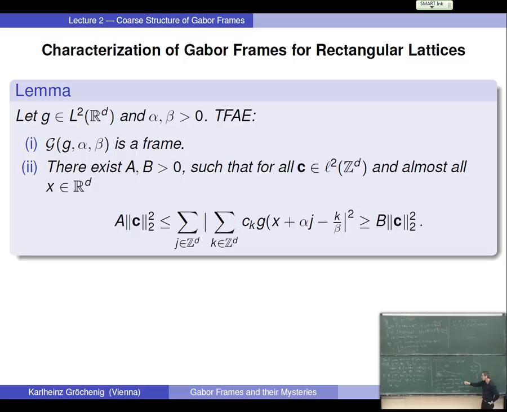Okay, so each of these 4 items is a whole direction in Gabor analysis: basically the necessary density, the Balian-Low theorem, and the existence. You can already find them in the very first paper that investigated Gabor frames systematically, the paper of Daubechies in '92.